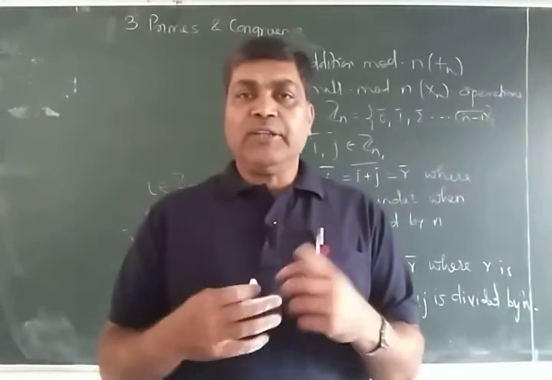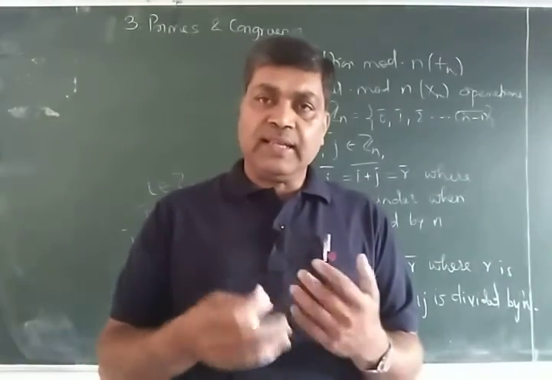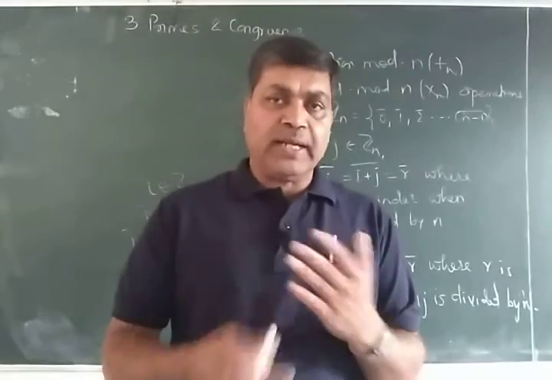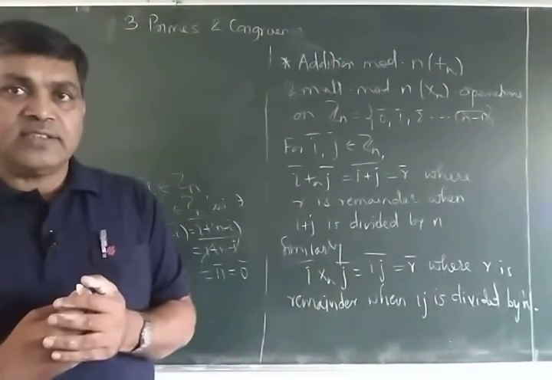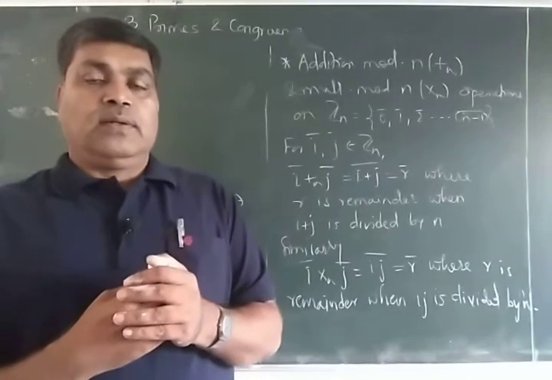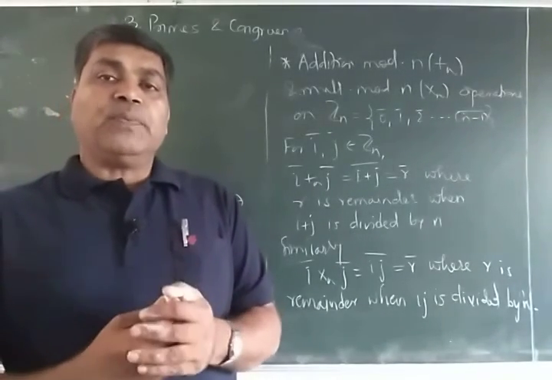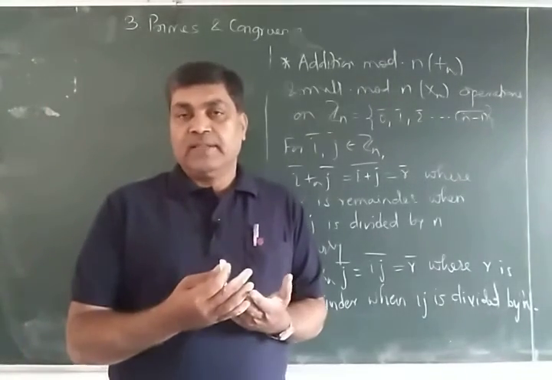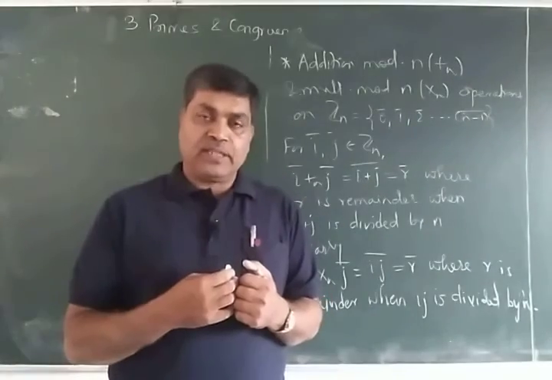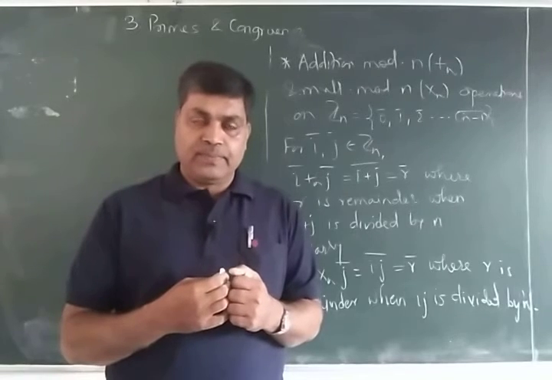What is meant by additive inverse? For a given real number x, y is said to be the additive inverse if x plus y is 0. In case of multiplication, y is said to be the multiplicative inverse of x if x into y is 1.